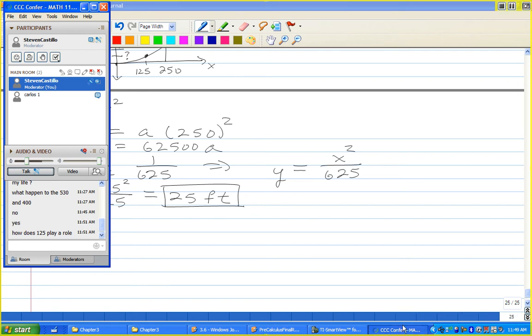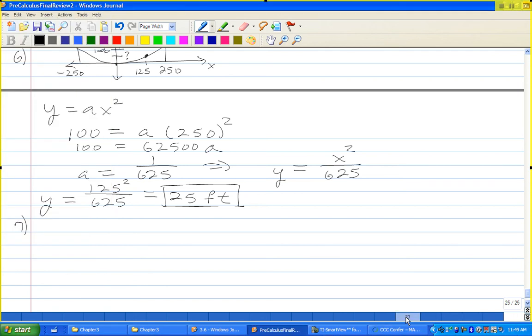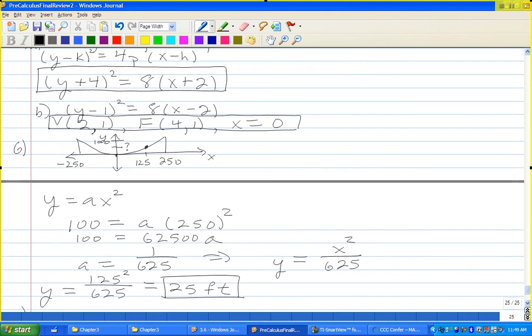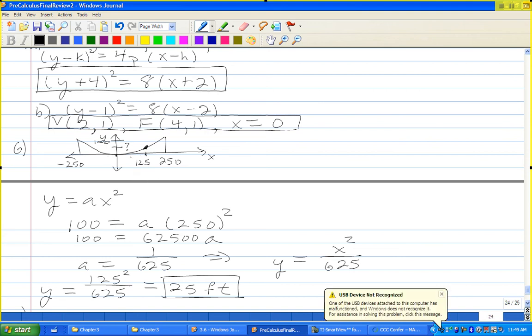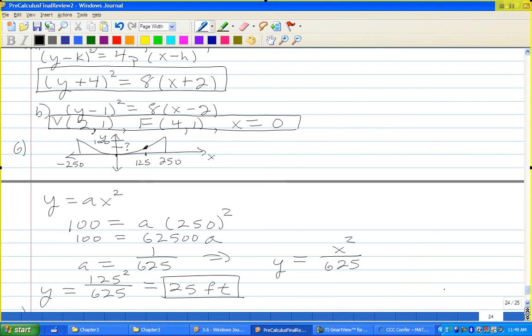How does 125 play the role? Because that's where we're plugging in. It just asks how high the cable is above the ground 125 feet from it. So at the very end, we just want to plug 125 into this equation.